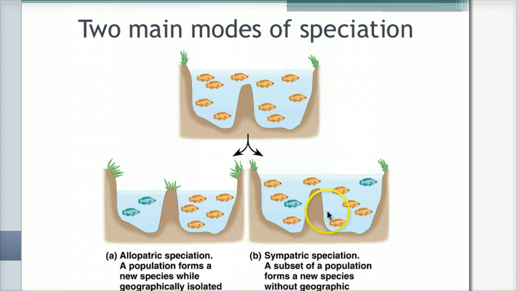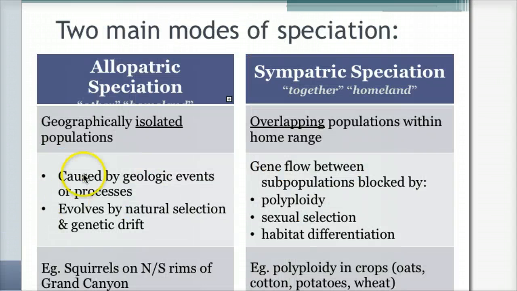So what if this barrier was not impeding, and they still could mix, and all of a sudden we got this new subset of species? That's called sympatric. Sympatric meaning they're still together, but all of a sudden they got this new species. Allopatric meaning they were geographically separated.